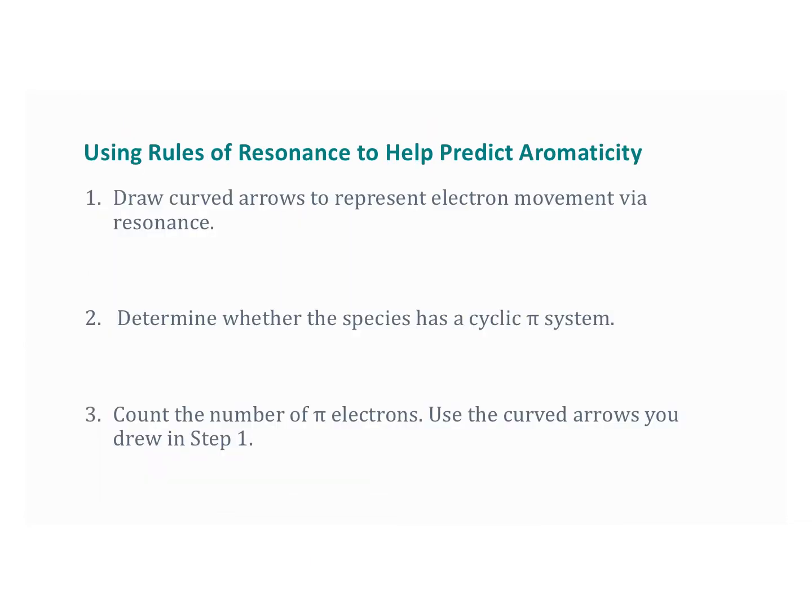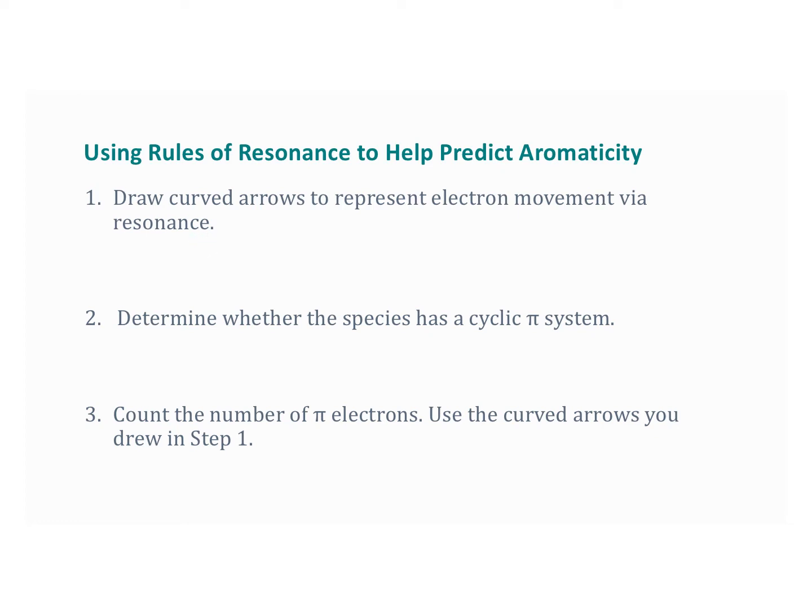Let's talk more about using the rules of resonance, which I'm hoping will help with what I was trying to explain previously. If you want to combine Huckel's rules with the rules of resonance to figure out if something's aromatic, anti-aromatic, or non-aromatic, here are some ways to solve those problems. First, draw curved arrows to represent electron movement via resonance.